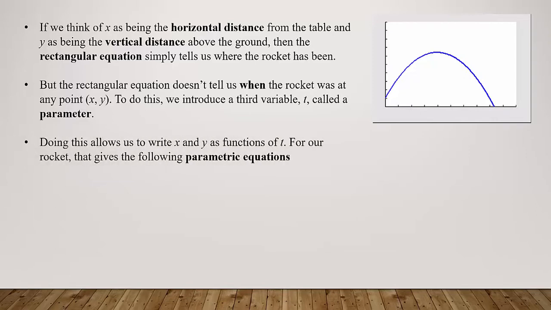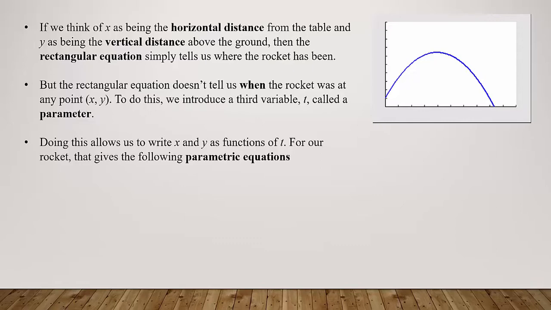So when I introduce this third variable t, it allows us to write x and y, the horizontal distance from the table and the vertical distance above the ground, as functions of t, which is kind of cool.